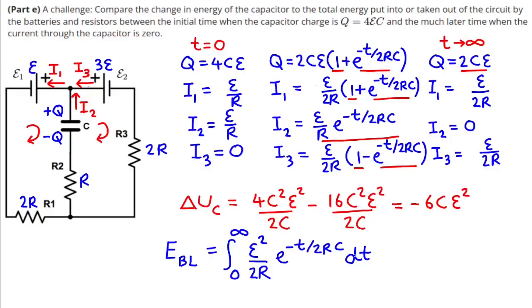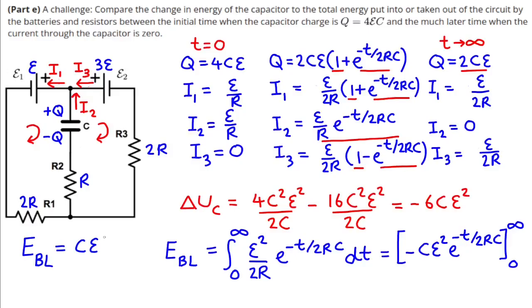Integrating this expression, we get minus C epsilon squared by e to the minus t on 2RC, evaluated at t equals 0 and infinity. As t goes to infinity, the term disappears, and as t goes to 0, we get minus C epsilon squared, so the energy of the battery is positive C epsilon squared.